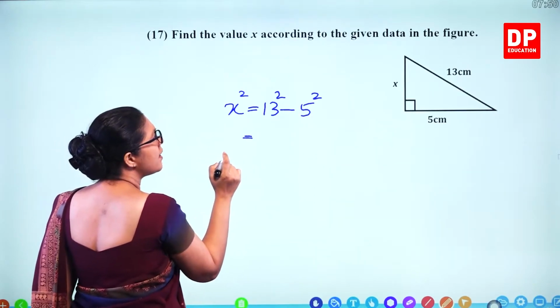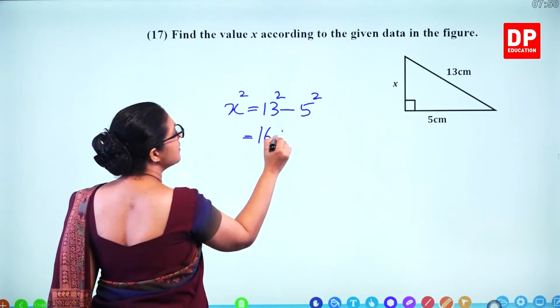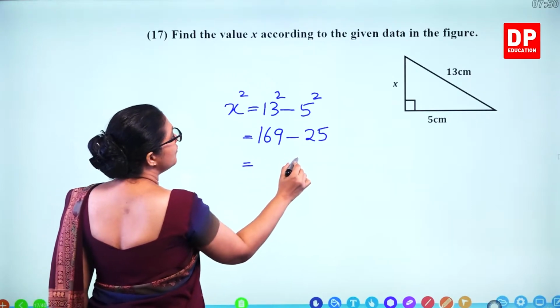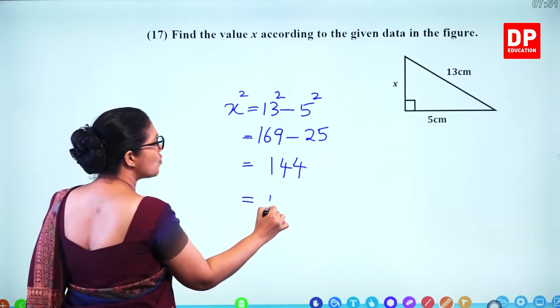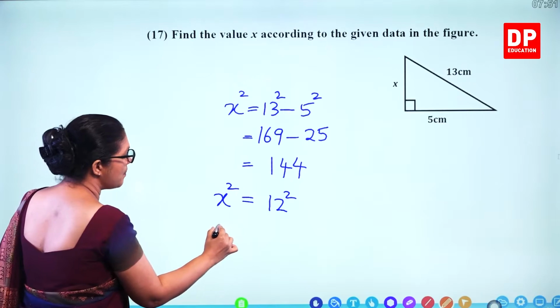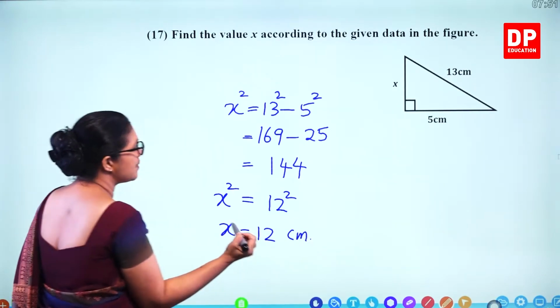So 13 squared, 13 times 13, can you remember? 169 minus 25. You get 144. 144 is 12 squared. So x squared is 12 squared means x equals 12 centimeters.